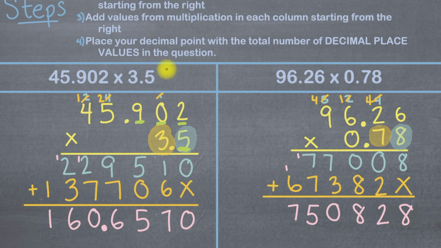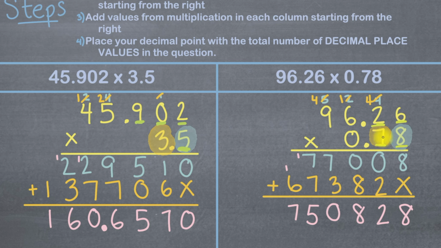And now going on to step 4. It says to place the decimal point with the total number of decimal place values in the question. In our number 96.26, how many numbers do we have to the right of the decimal? Well, we've got 1, 2. And how about here in 0.78? Well, that's another 1, 2.